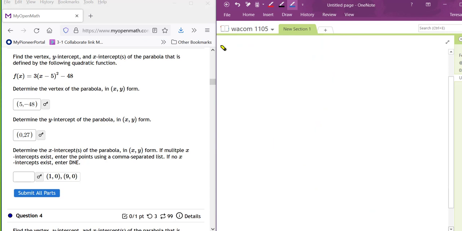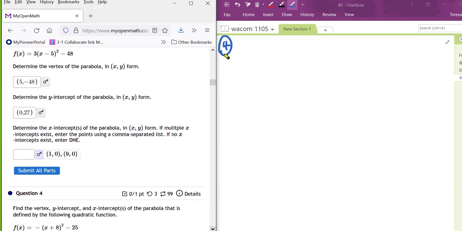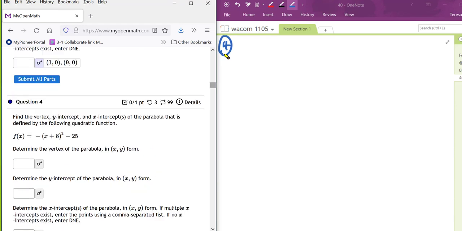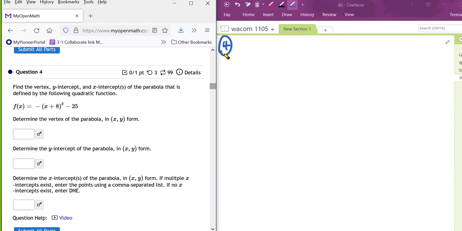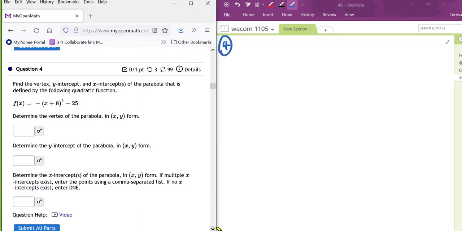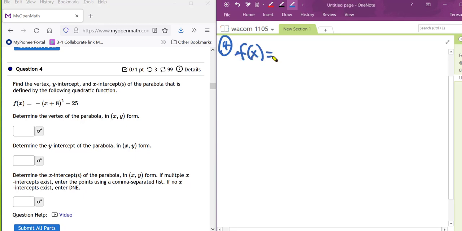So this is question 4. And so we have f of x. And by saying that something's hard, the calculations just are not really fast.